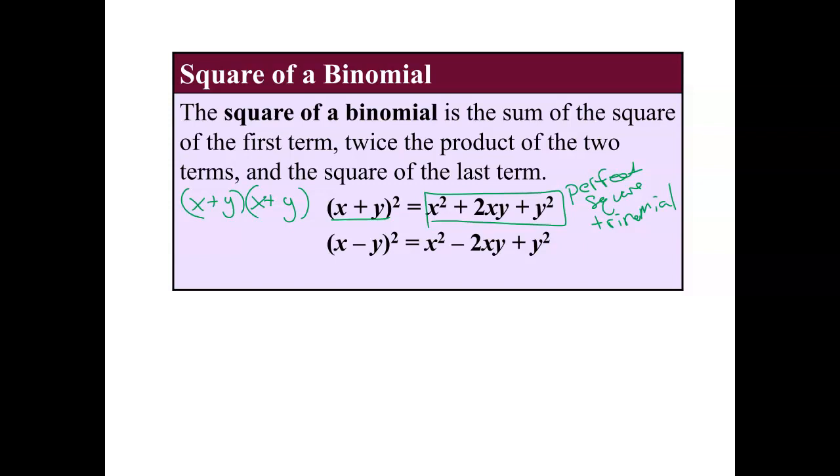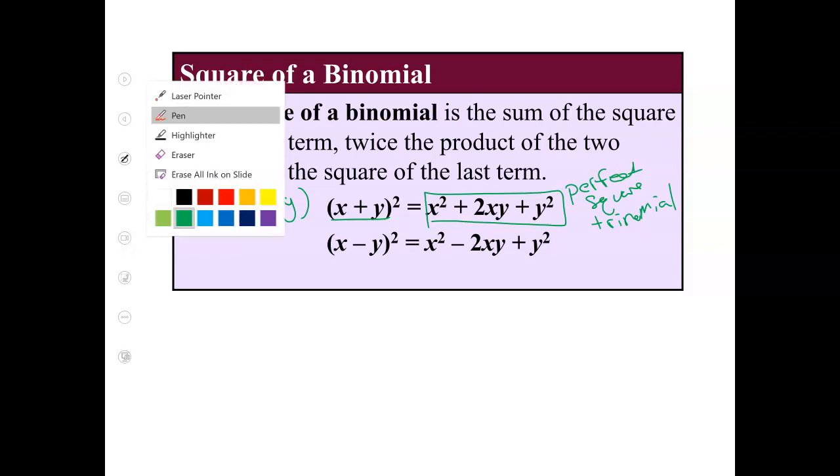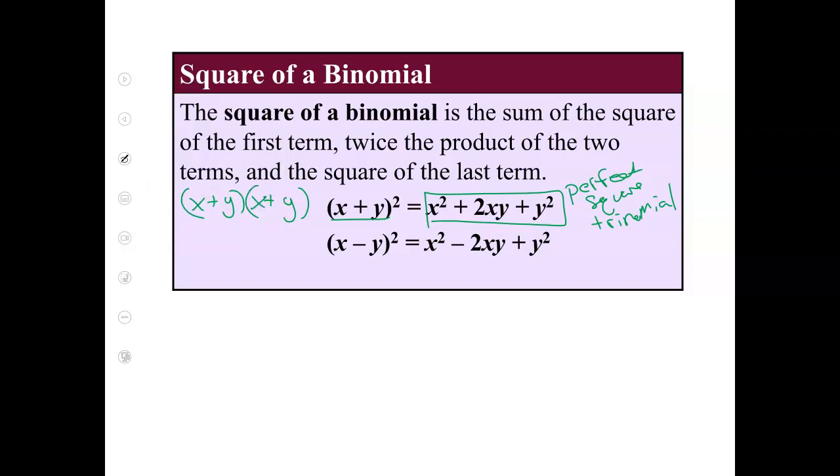All right? Here's what I want you to notice with this pattern. I'm going to break this down. Okay? So I've got x and y. The first one is my first term squared. The next is going to be double the product of the two terms.